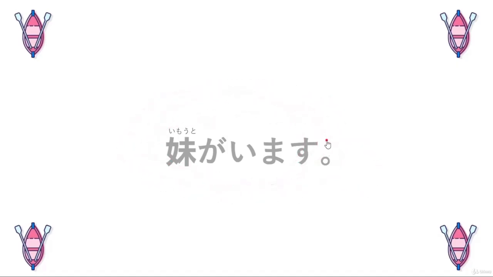But when we use imasu, sometimes it means to exist, to be, but sometimes it means to have. So in this sense, this would mean I have a younger sister. Okay? Imoto ga imasu. Inu ga imasu. I have a dog.